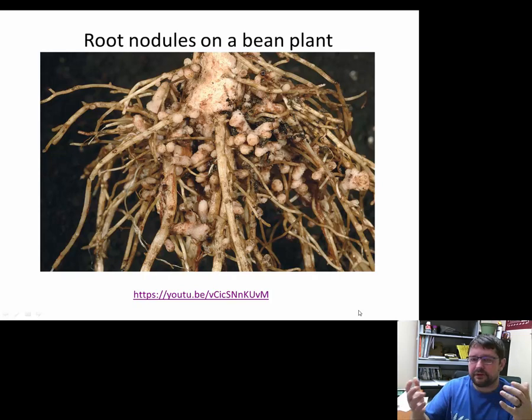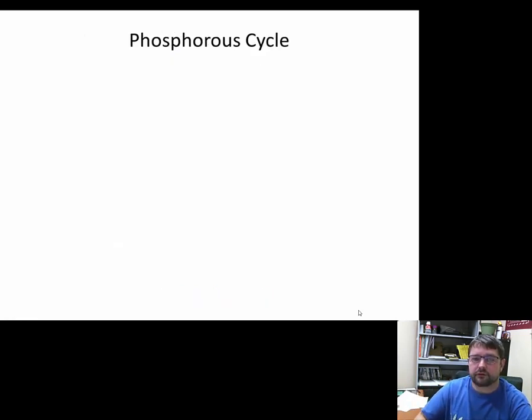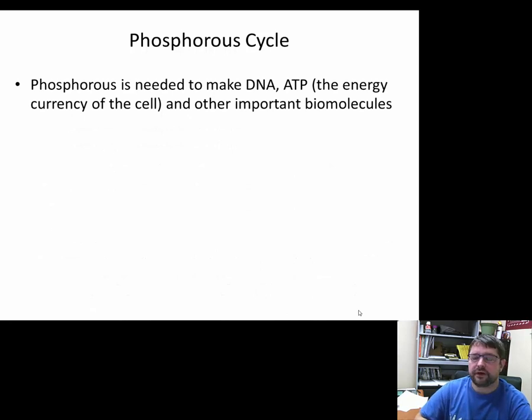Okay, so that is a good segue into the next cycle, and that's the phosphorus cycle. Just like nitrogen, phosphorus is needed to make DNA and ATP. In DNA, the phosphorus is really part of the backbone. We already talked about this.